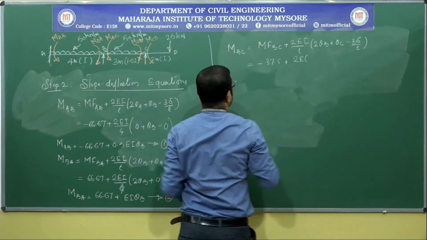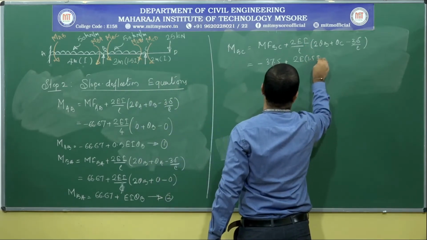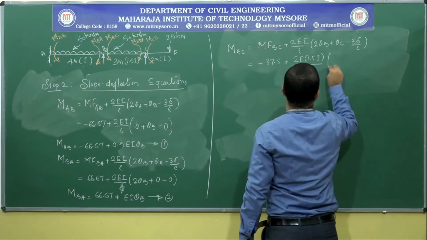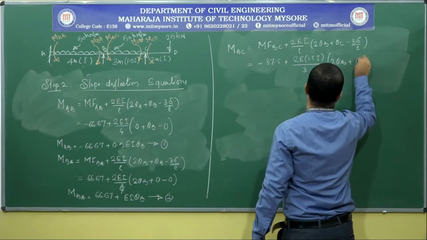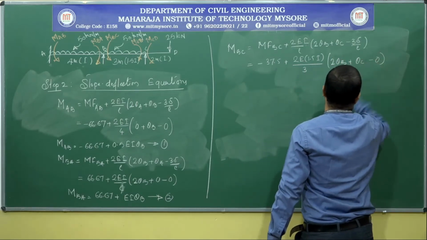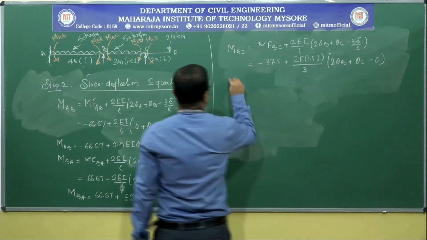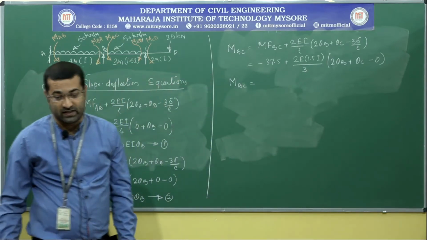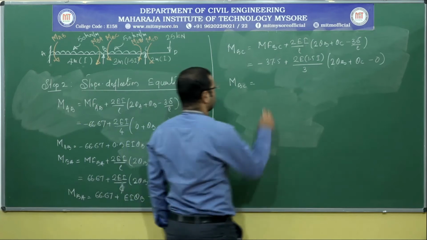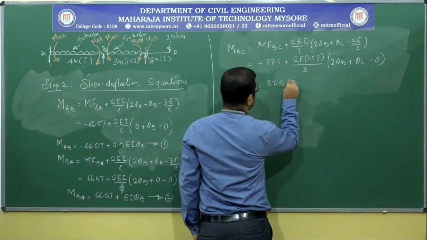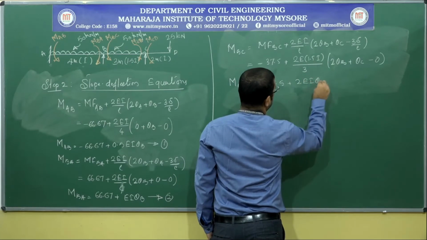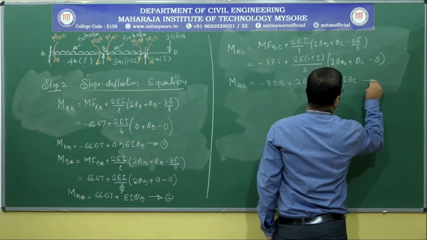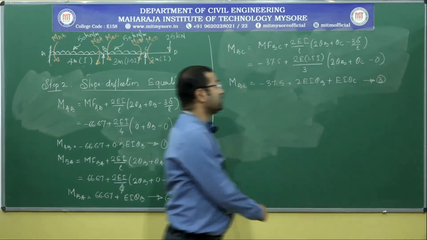The I value for this span BC is 1.5 I. So, I will consider that here, 1.5 I. The span is 3, into 2 theta B plus theta C, both are unknown, the delta value is 0. Now, if you solve this, you will get MBC as minus 37.5 plus 2 EI theta B plus EI theta C. Let us call this equation number 3.